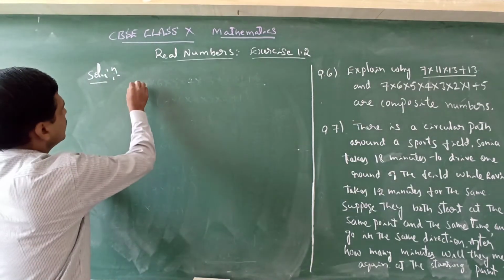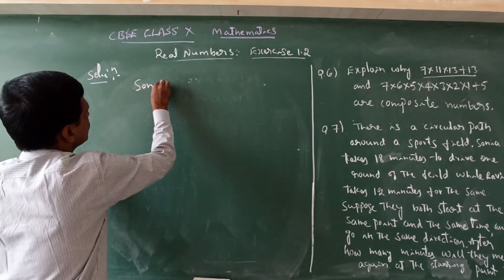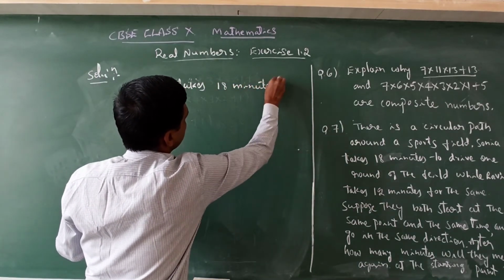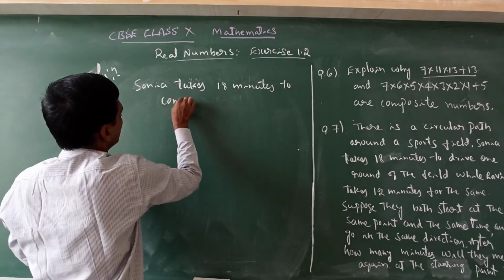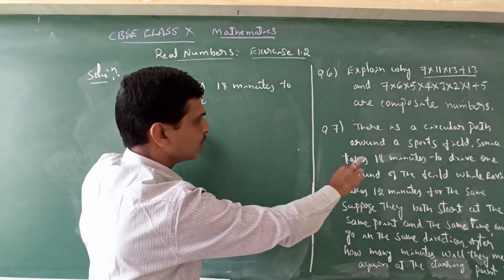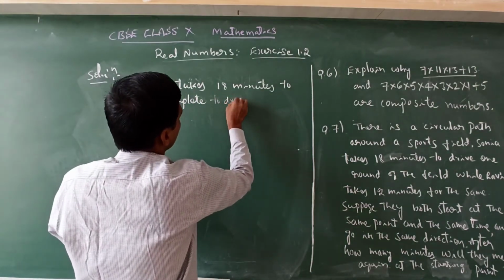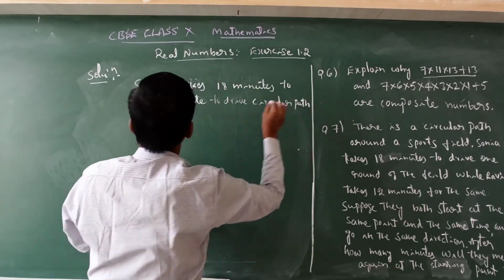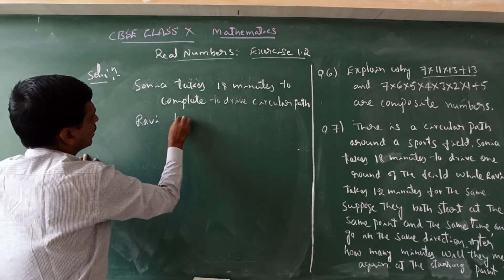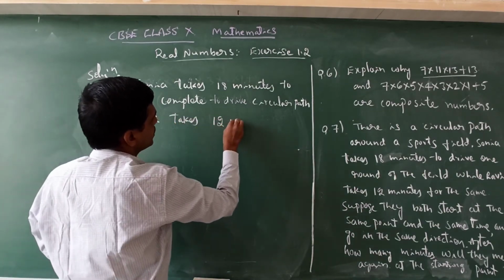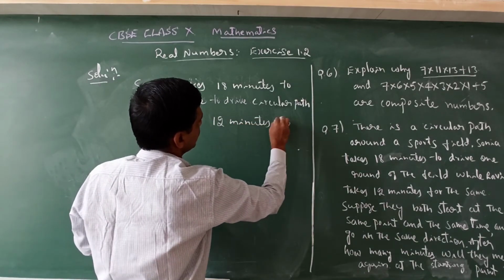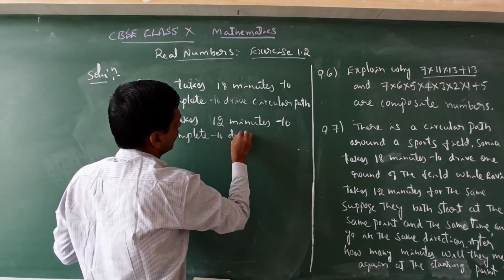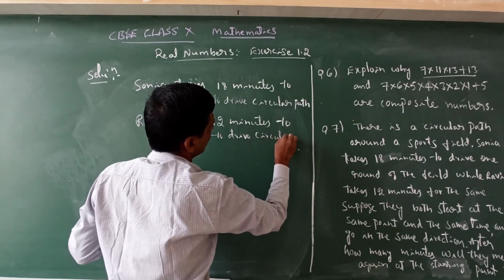So now the solution. Consider first, Sonia takes 18 minutes to complete the drive around the circular path, whereas Ravi takes 12 minutes to complete the drive around the circular path.